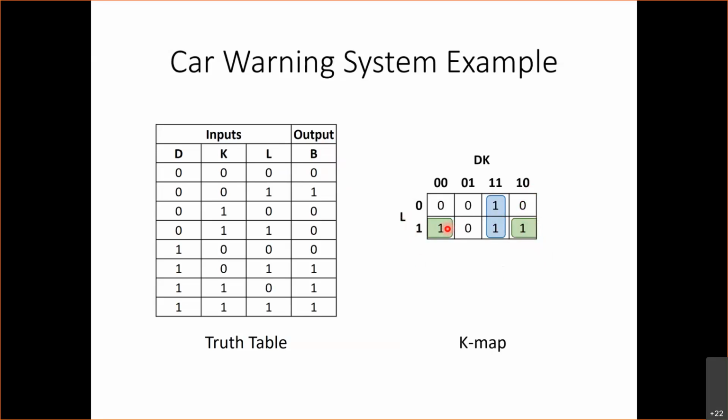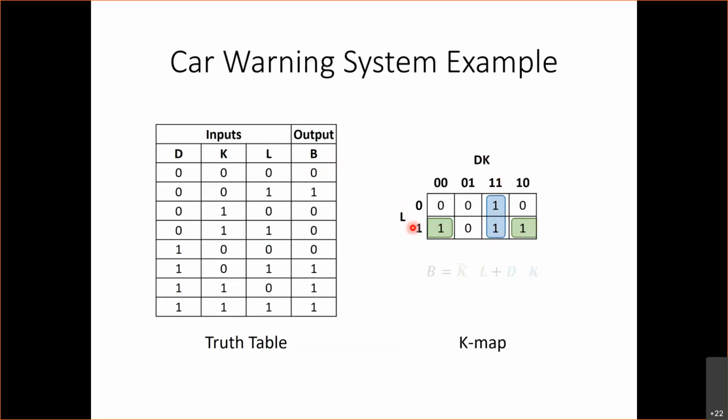Okay, and by doing this, we've covered our ones with 2 rectangles, and now what's left is to derive equations with a term for each of these rectangles. The blue rectangle corresponds to when D and K are 1, regardless of what L is.